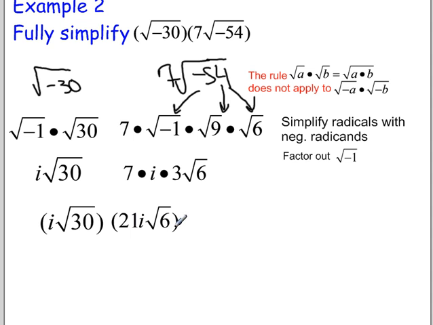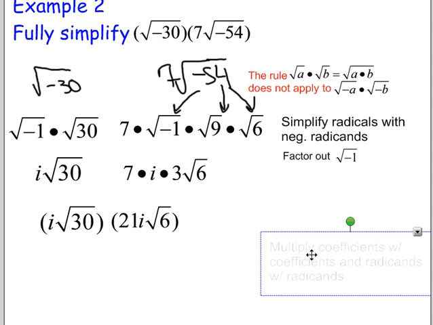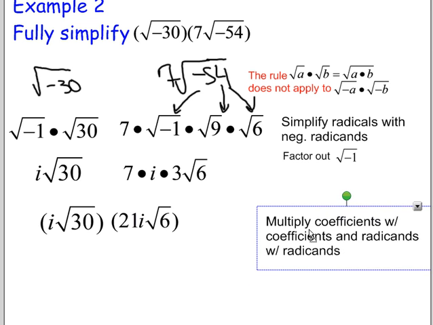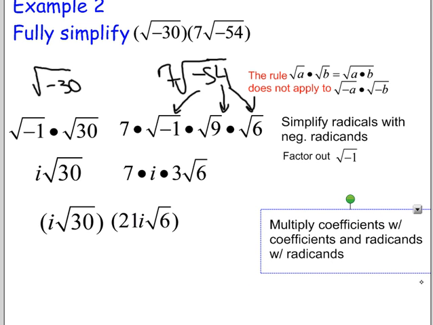So now you could multiply the radicals. Not like in the beginning of the problem where you had negative numbers under the radical and you couldn't multiply them. That's not the case now. Now you could multiply coefficients with coefficients and radicands with radicands.